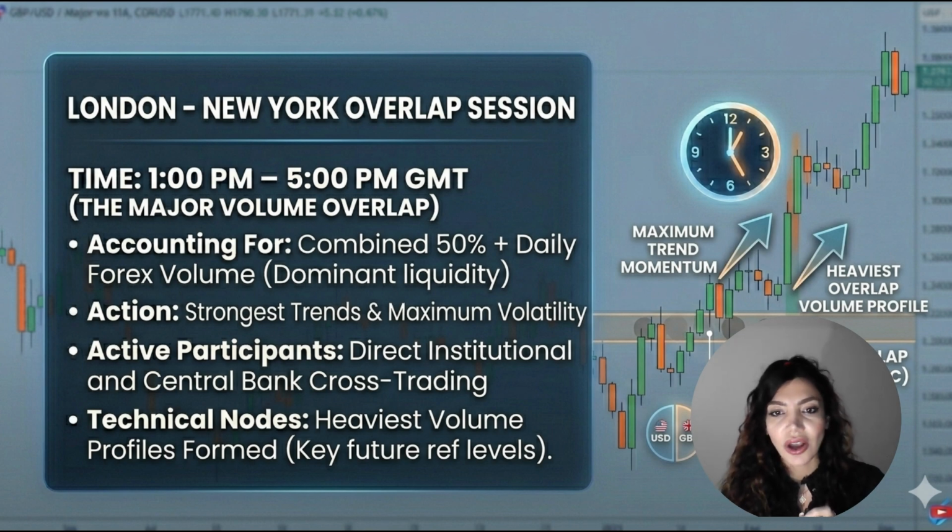Target is the edge of the value area. And for swing traders, you can watch the 1 hour and 4 hour charts. A strong close outside the value area during the overlap is one of the cleanest signals for a continuation move into the next day.